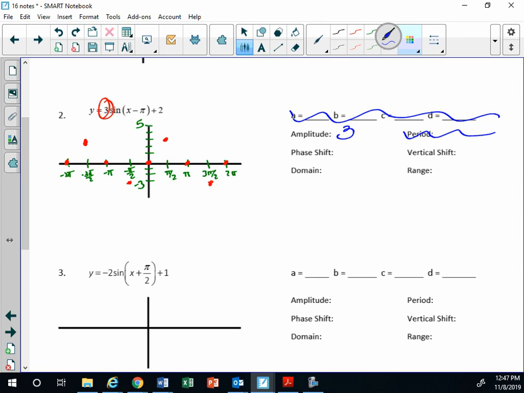Alright, then where am I shifting? Right by pi, and what about up and down? Up 2. Alright guys, so I just need to take the dots, right pi, up 2.